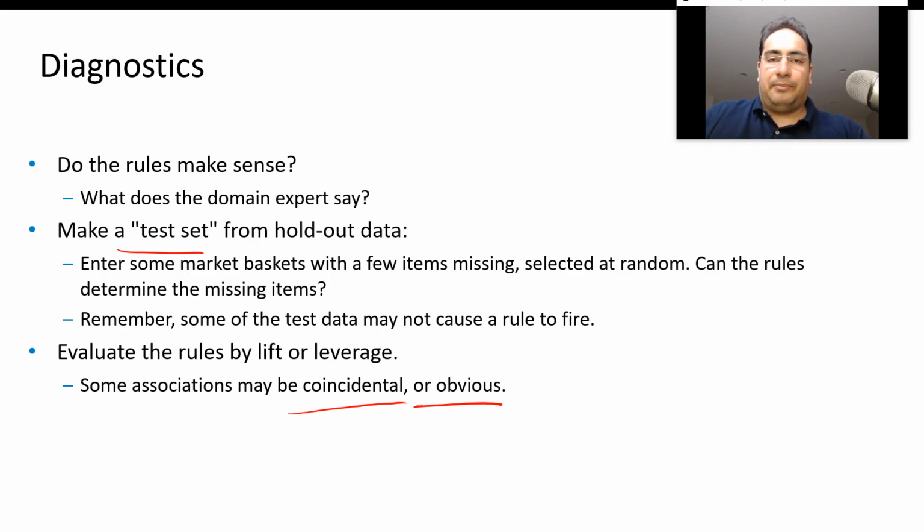Can your algorithm put milk in a transaction if it knows that they also bought soda? If you remove some item, you just want to test your rule and see if it actually works and can identify those items. Some of the test data may not cause a rule to fire because we just have a minimum amount of rules.